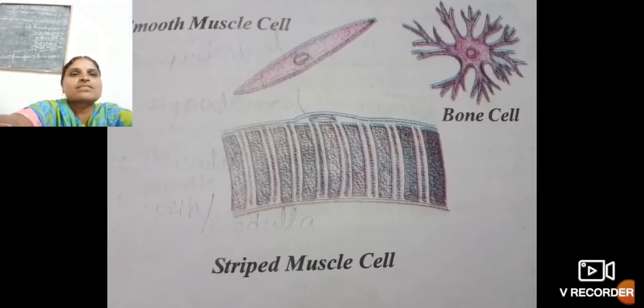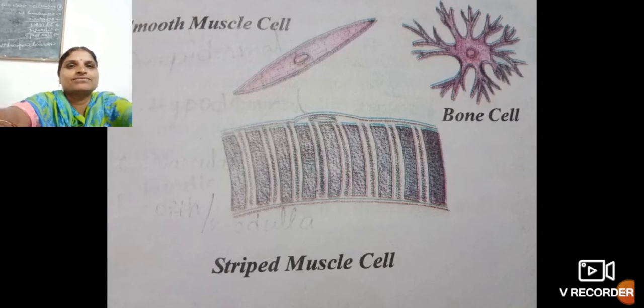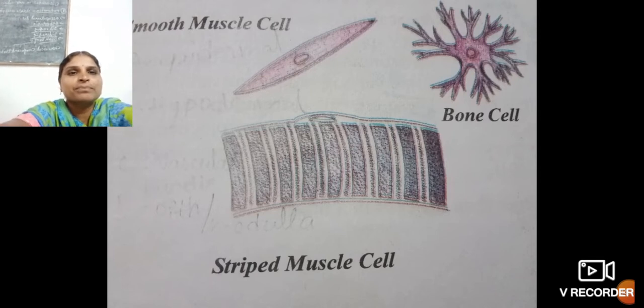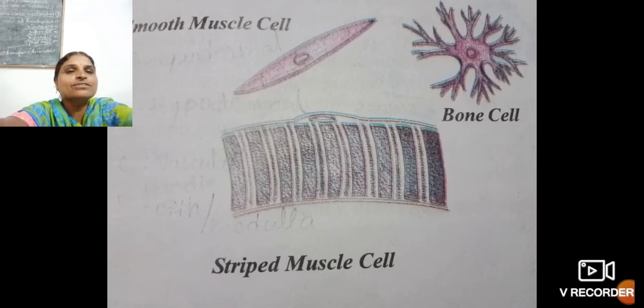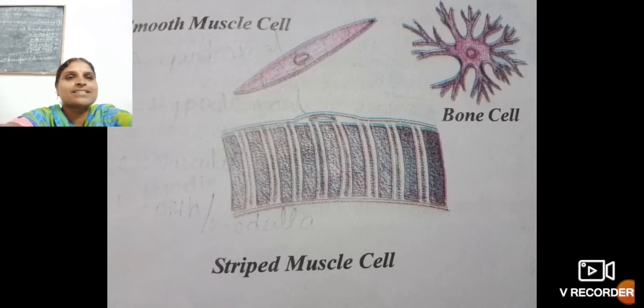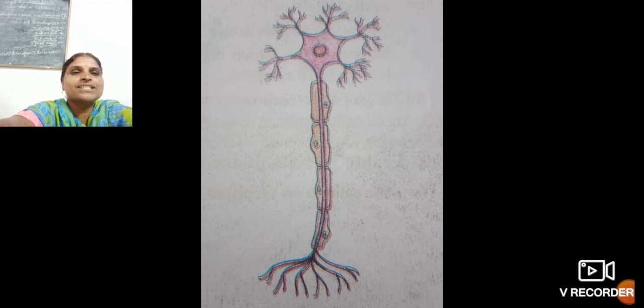See in these pictures, the upper cell is the smooth muscle, the lower is striped muscle, and one is a bone cell. These cells belong to animals. What is this?